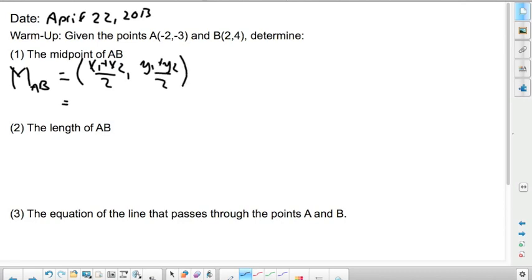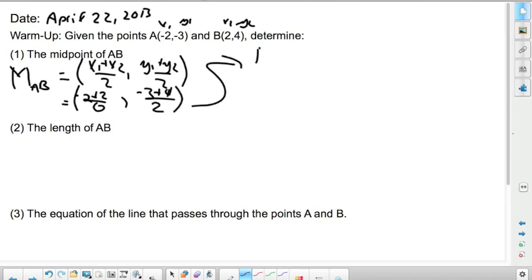So x1, x2, y1, y2. Negative 2 plus 2, well, that's kind of convenient. Comma, y1 is negative 3 plus 4 over 2. So that gives me my midpoint of AB is 0, because negative 2 plus 2 gives me 0, and I'm left with a half.